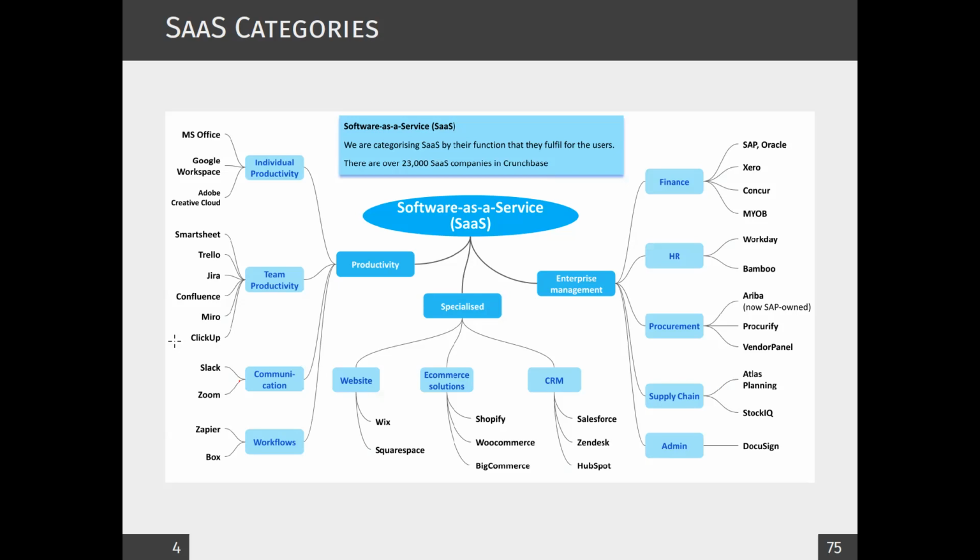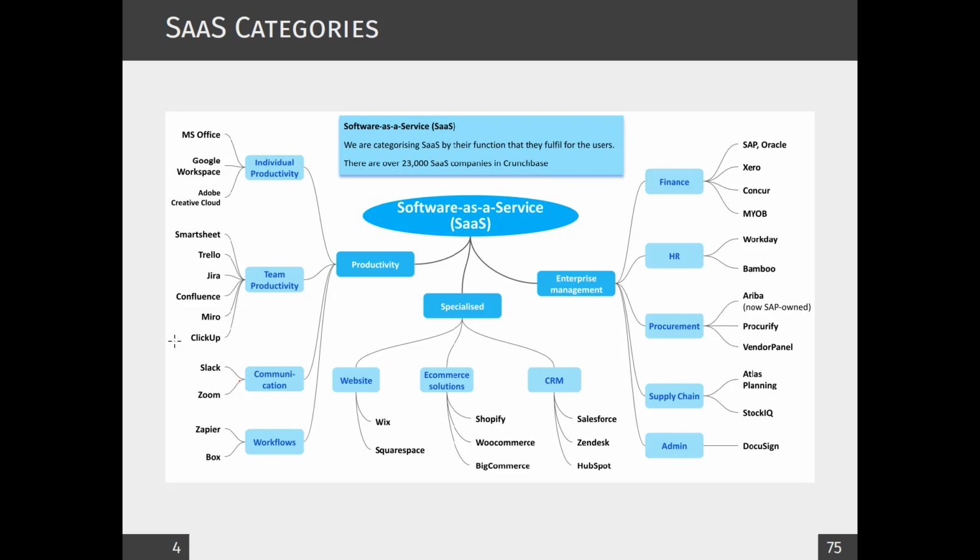So for example, DocuSign is commonly used when you want to make a digital signature, so they can actually manage it within the software, right? So as you can see, we have a huge number of software as a service solutions available.